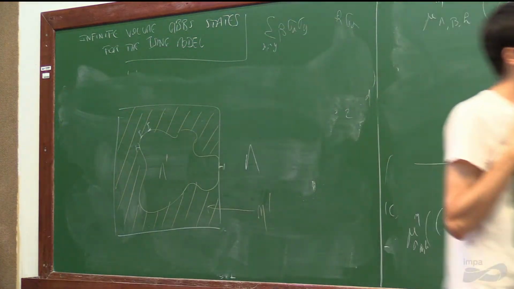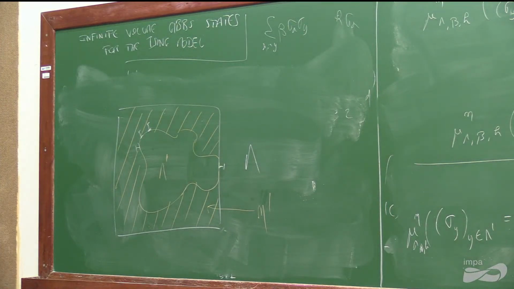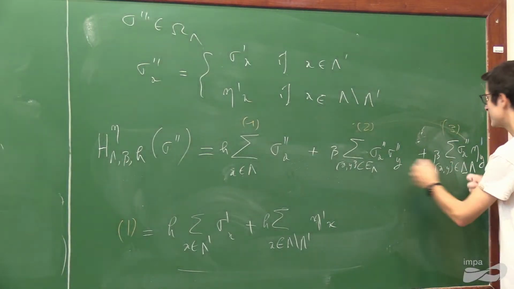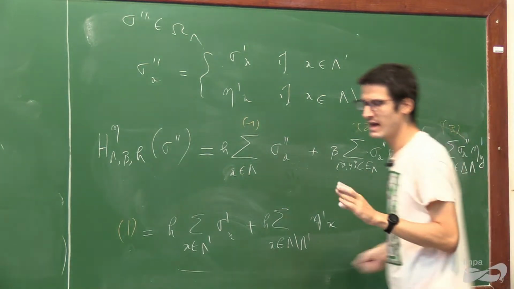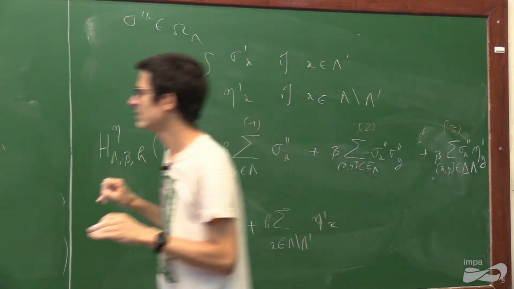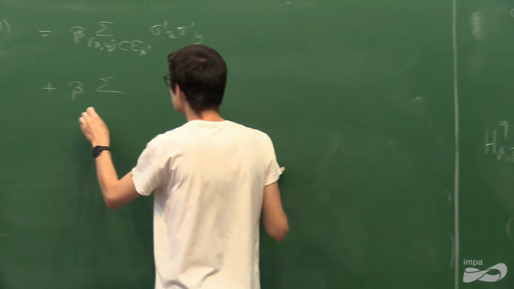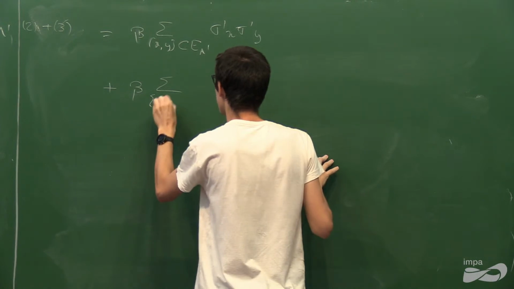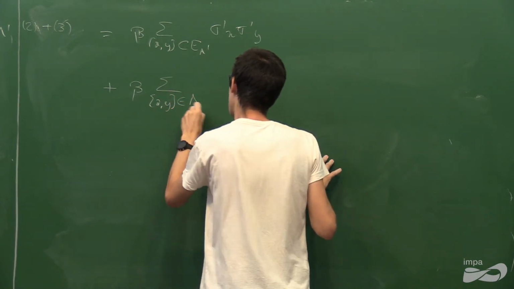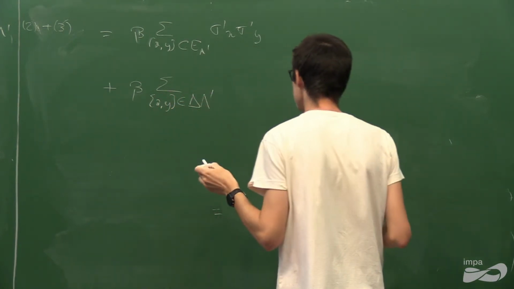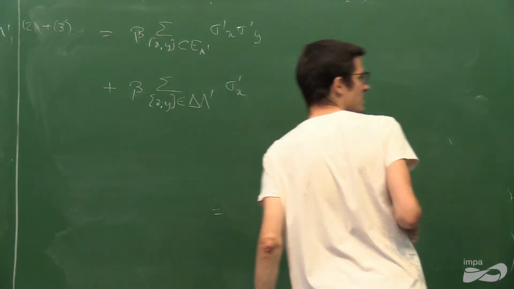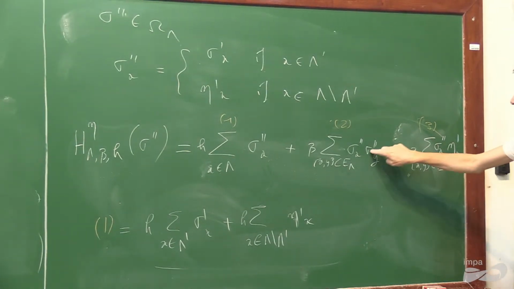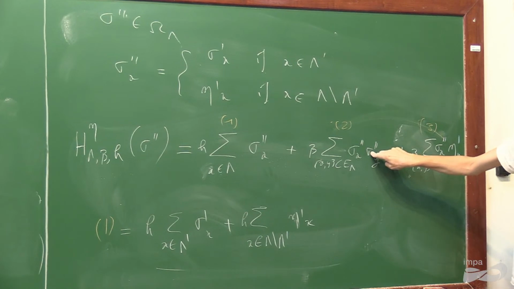So I take the sum over those edges which are either one or the other, and then I sum over the rest. If I do this, I get the sum over xy in delta lambda prime of sigma prime of x times either this or this, but in both cases, it gives me eta prime.